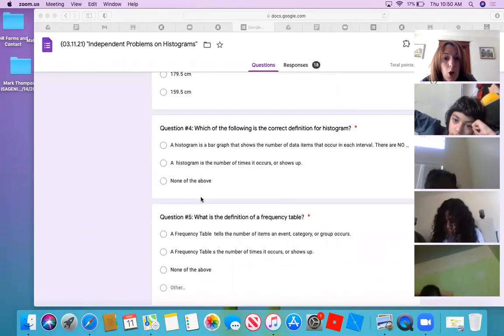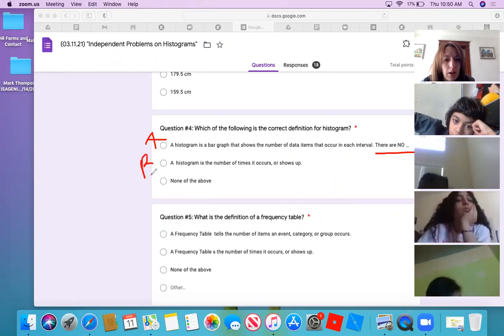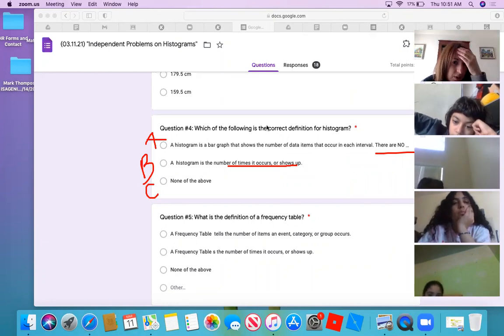This is very easy. Which of the following is the correct definition of a histogram? You're going to have to go back to today's notes. If you think 4 is A, which has no gaps, type A. If you think it shows how many times, hit B. And if you think it's none, hit C in the chat. Rameses, I need an answer, sir. What do you guys think the answer is?